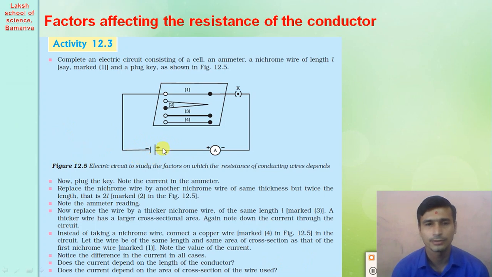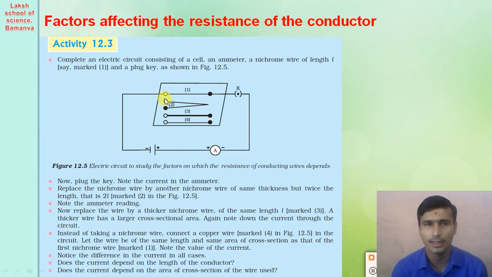Then from this electric cell we connect the ammeter. The ammeter shows the electric current passing through the conductor, and from this electric current we justify how the resistance of the conductor depends. This ammeter is connected to the switch, which is used to control the electric current passing through the conductor, and in this gap we connect a nichrome wire or any other material wire having a different dimension.